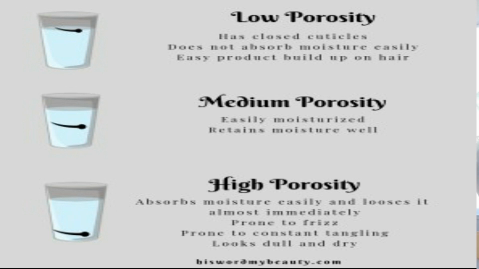According to this picture that I'll put up again, if your hair stays on top of the water level, it doesn't go down inside of the water, this means that you have low porosity hair, meaning again your hair is not absorbing the water as easily. If it stays in the middle of the glass, it means you have normal porosity hair type. And if the hair sinks all the way to the bottom, then we know you have high porosity hair type.